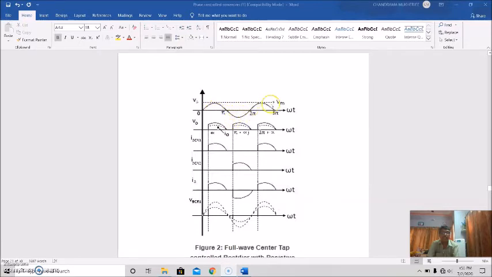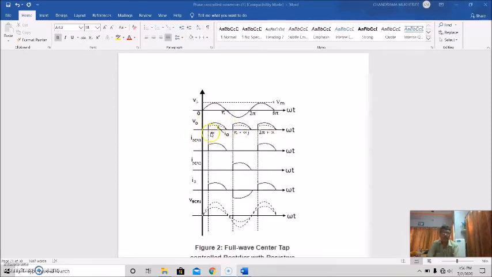This is the source voltage waveform. 0 to pi is the positive half, and pi to 2 pi is the negative half. Again 2 pi to 3 pi is the positive, and so on. This is the maximum value of the source voltage, which happens at omega t equal to pi by 2.